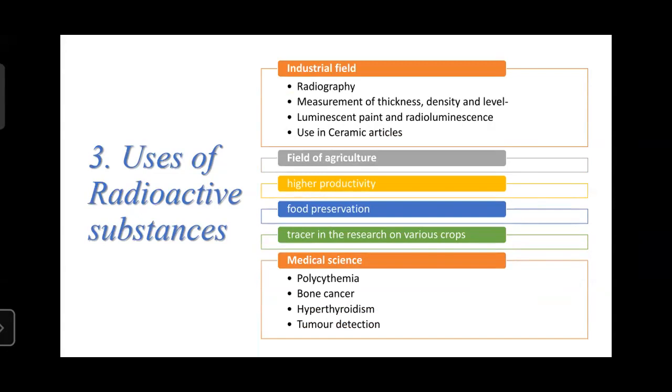In the agricultural field, it is used for higher productivity, food preservation, and in research, radioactive substance is used as a tracer. In medical science, it is used to detect and treat polycythemia, bone cancer, hyperthyroidism, and tumor detection and treatment also. Now we will see in detail.